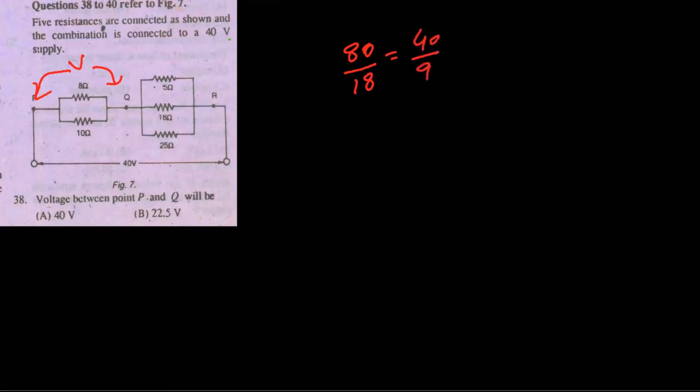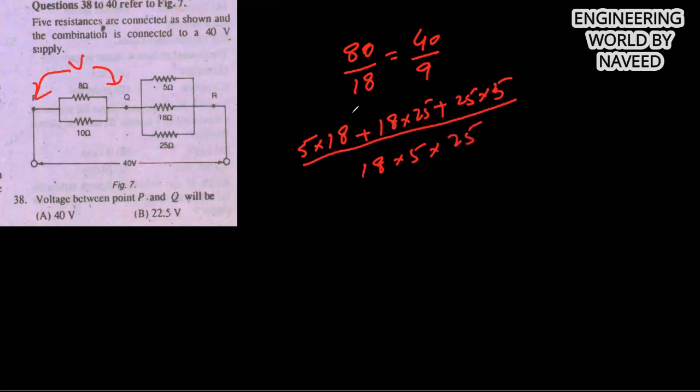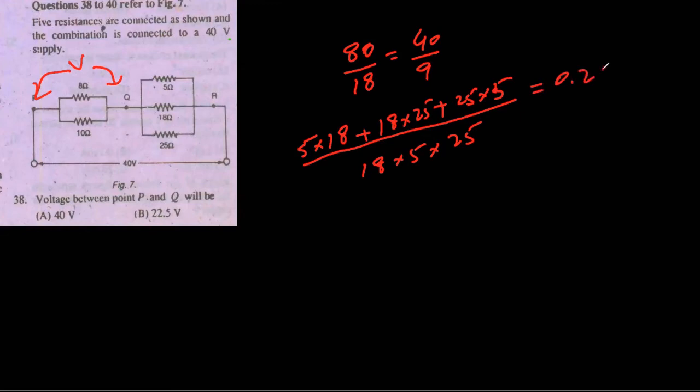We also need to find the equivalent of these three. That will be equal to 5 times 18 plus 18 times 25 plus 25 times 5 divided by 18 times 5 times 25. From this you will get 0.2955. And from this you get 40 divided by 9, which is equal to 4.44.